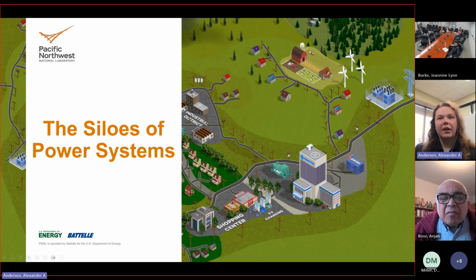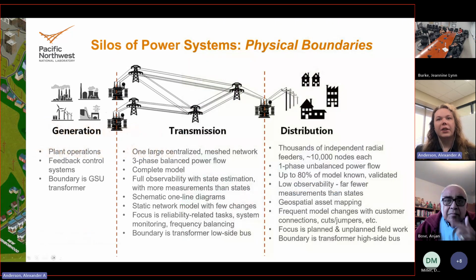I'm going to start off by talking about some of the silos of the electric grid. This is a lot of background material, so I'm going to be going through it relatively quickly. First off, we start with our basic divisions of the electric grid: generation, transmission, distribution. We talk about it all day.